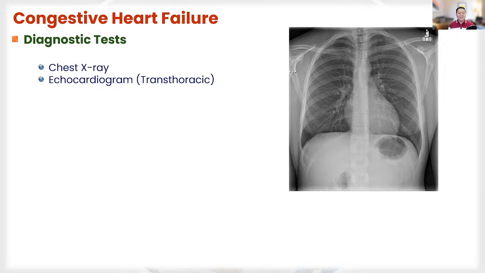It can give us a better idea of the size of the heart. It can also identify why the heart valves are not working, and it will help determine if the heart failure is caused by systolic dysfunction or diastolic dysfunction. And it will also help us in determining the ejection fraction, EF.